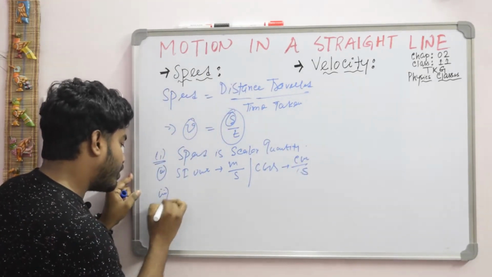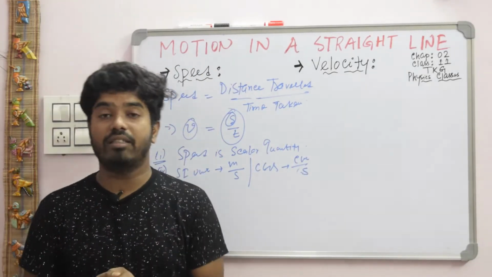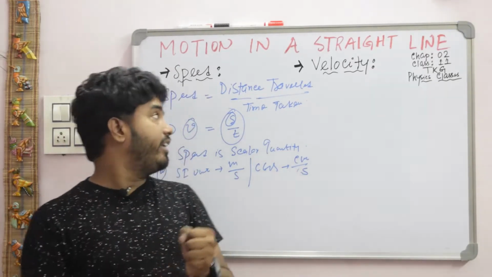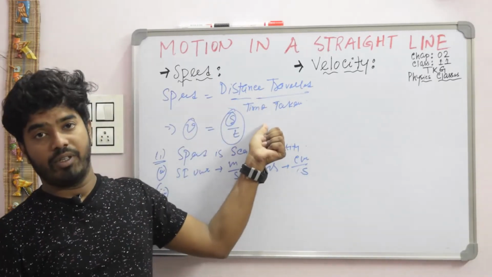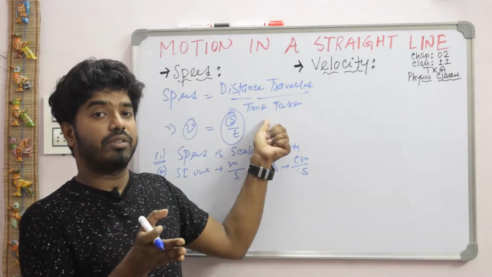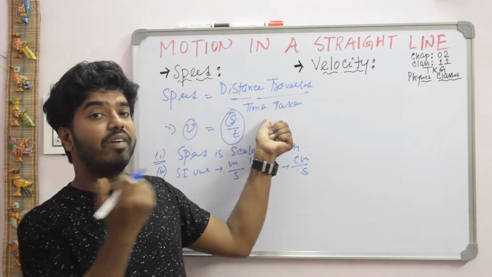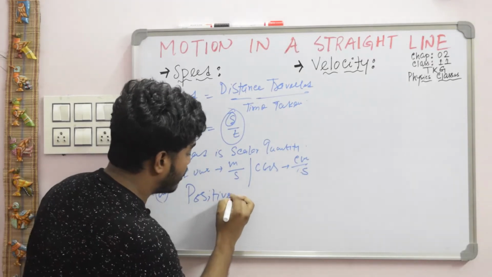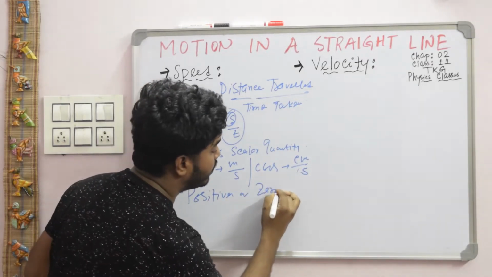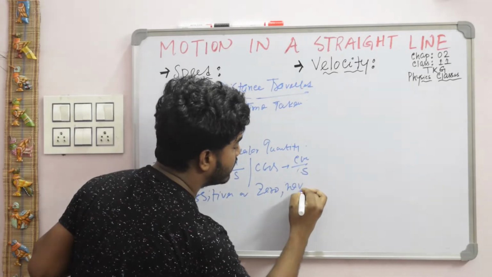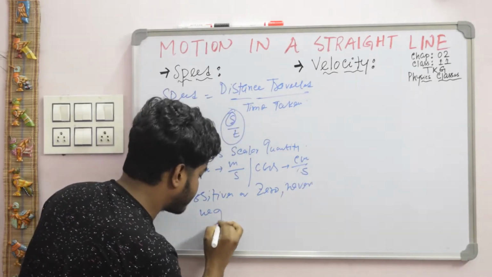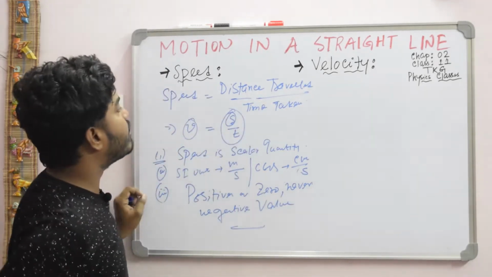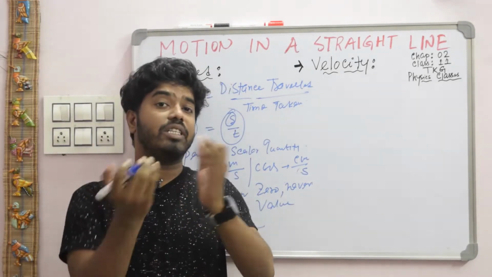Now you know about distance. Distance may be positive or 0, never negative. Similarly, speed is related to distance by time, so speed may be positive, may be 0, but never negative. So this is about speed, that is speed is equal to distance by time.